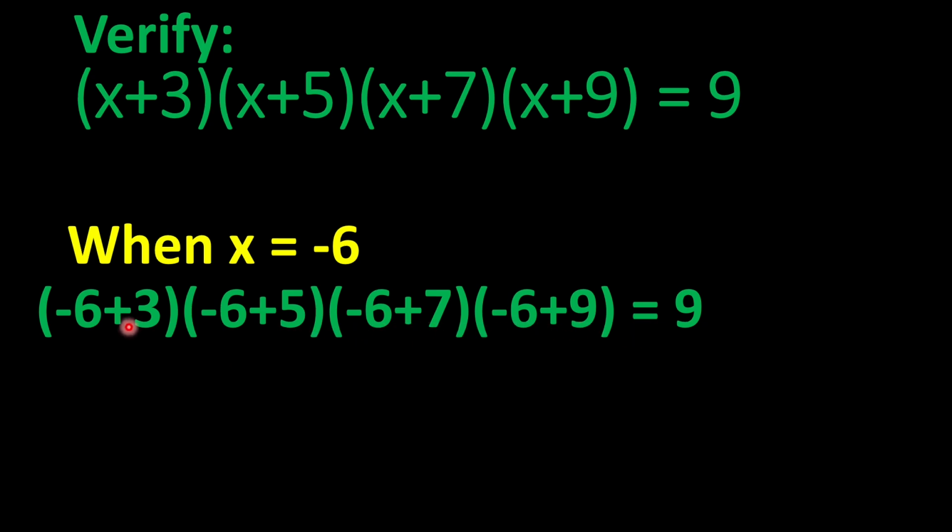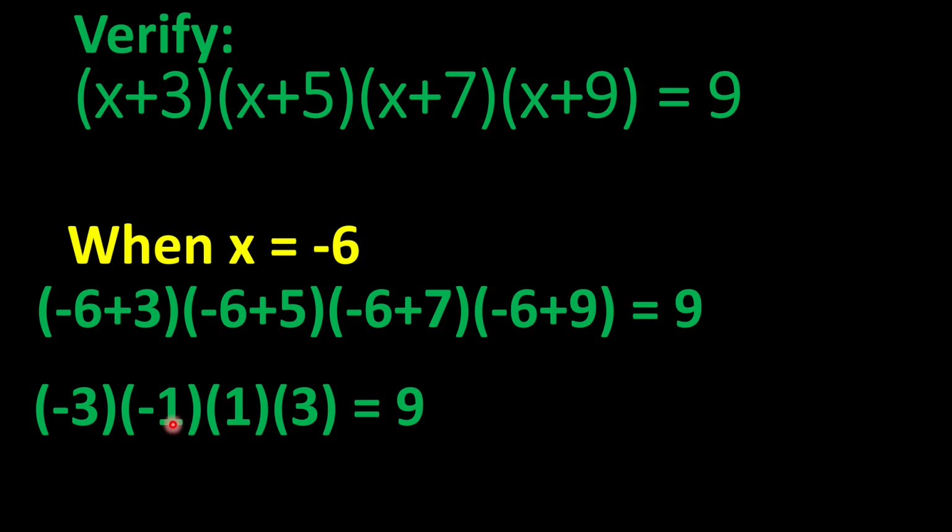So this value will become minus 3, this minus 1, this 1 and this plus 3. Minus 3 times minus 1 equal to 3, and 1 times 3 equal to 3. So 3 into 3 is equal to 9. It is proved that x equal to minus 6 satisfies this equation. So this is the correct value of x.